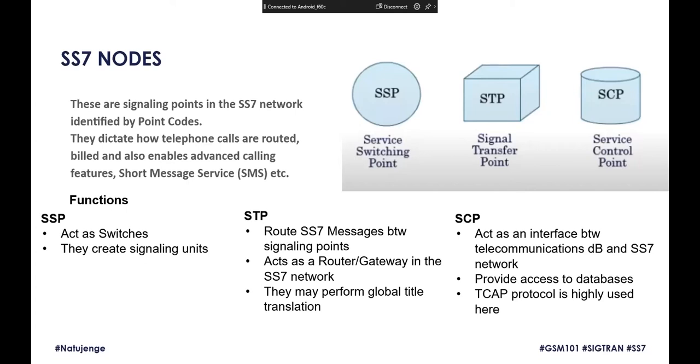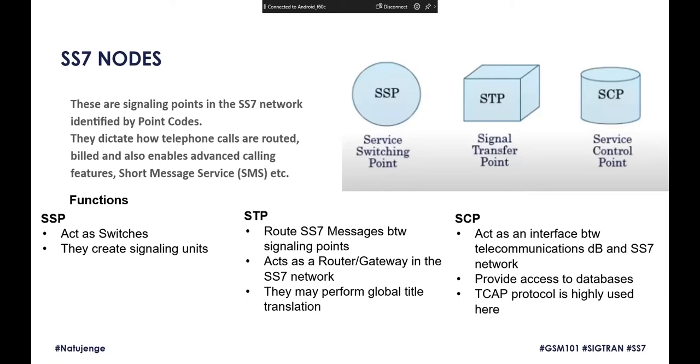I will quickly go through the functions of the nodes, starting with the SSP. The service switching point basically acts as a telecommunication switch in the SS7 network. They are basically responsible for creating the signaling units.